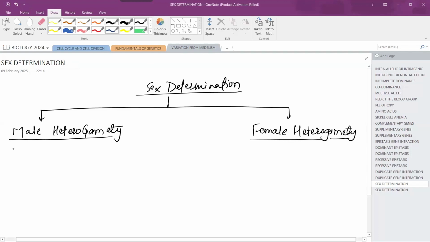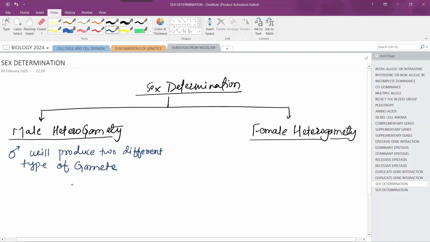Male heterogamety means that in this type of organism or species, males will produce two different types of gamete.